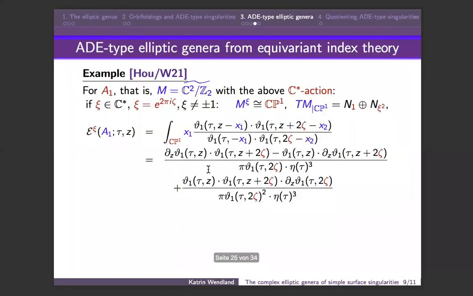All that said, one can start doing the calculation, for instance, for A1. Remember, that's a Z2 quotient of C2. So to resolve that singularity in 0, one only needs to blow up once, and the exceptional divisor has just one component, that is CP1. The C star action was given by just multiplying with complex numbers.